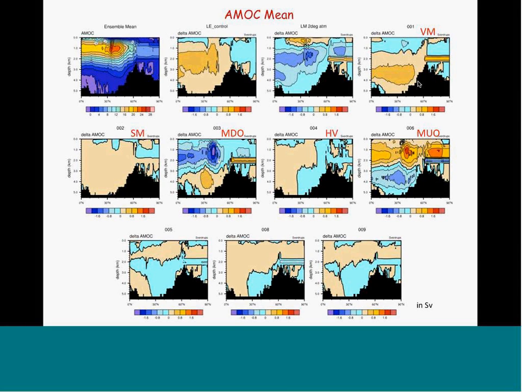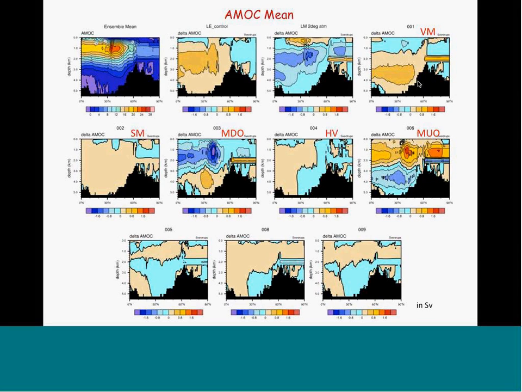The bottom row shows the initial perturbation experiments, and you see that the mean state does not change much. The two cases with the most mean state change are the ones I labeled MUO, in the middle rows. They involve changes in the mesoscale mixing parameterization.